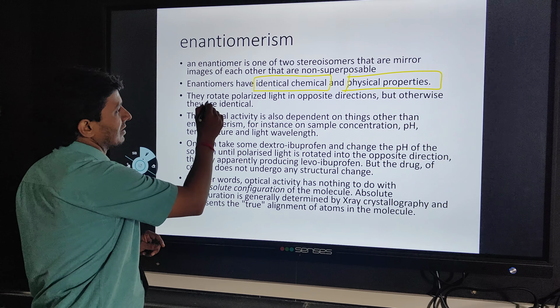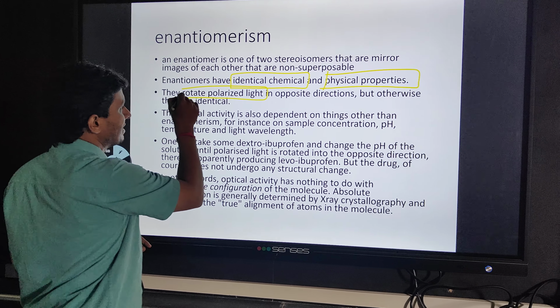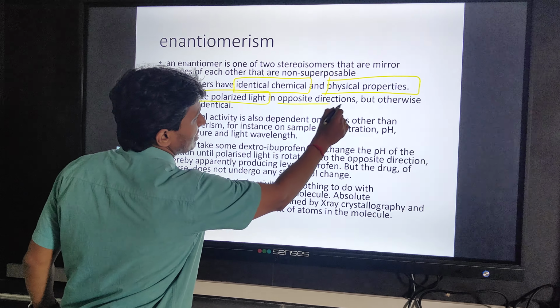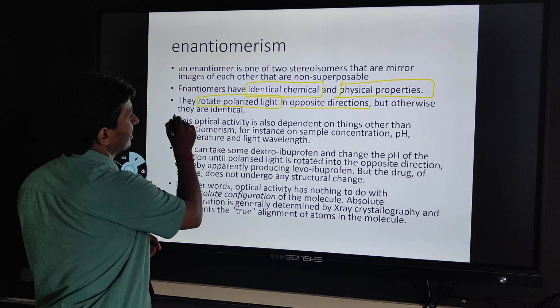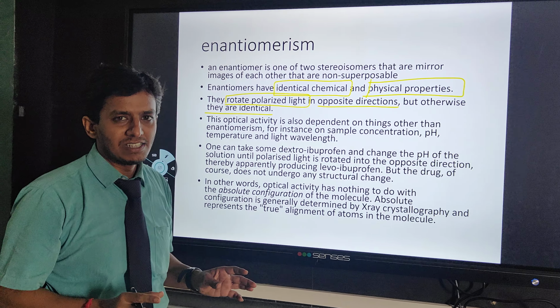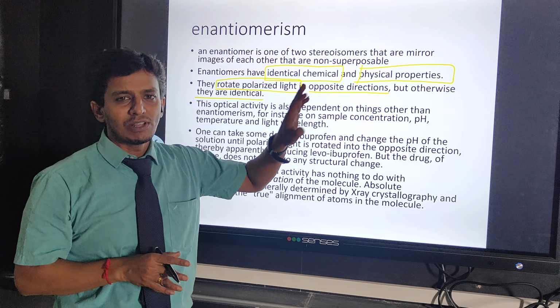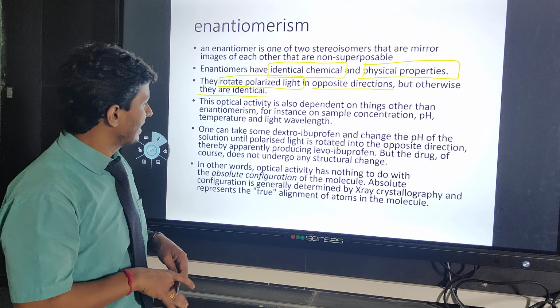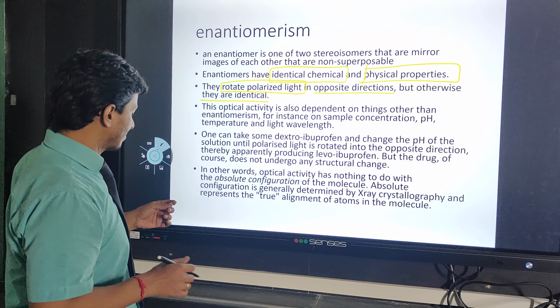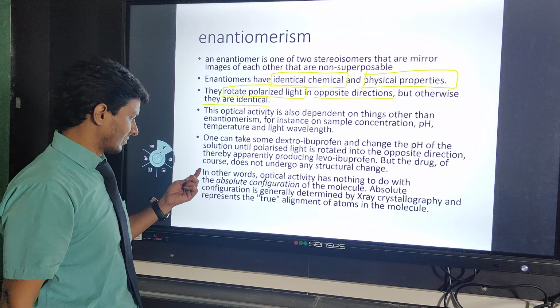Next, they rotate the plane polarized light in opposite directions, otherwise they are completely identical. Everything else stays the same, but they rotate the plane polarized light in opposite directions, and one more thing.